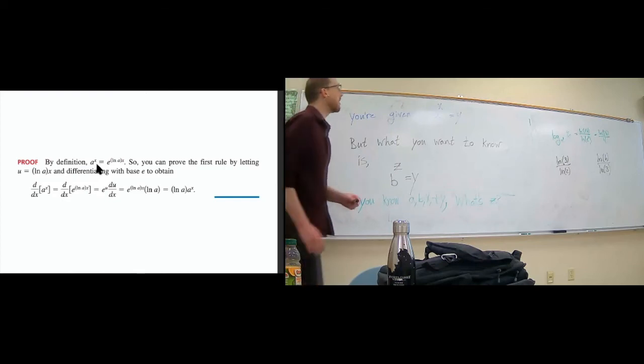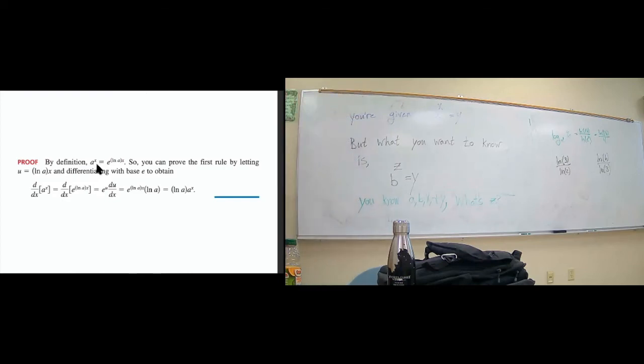Because we can rewrite a to the x as e raised to the ln of a times x, right? Well, here, we're just going to get this constant, the ln of a, pulled out. So the derivative of a to the x is just going to be the ln of a times a to the x. It's kind of convenient.